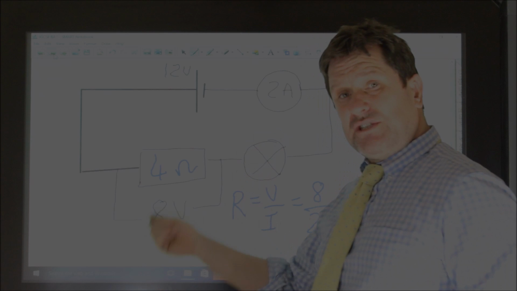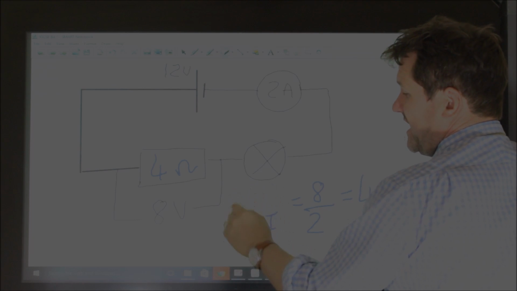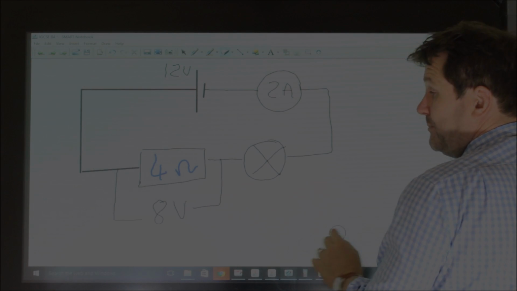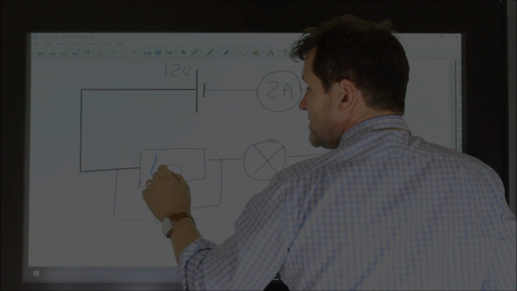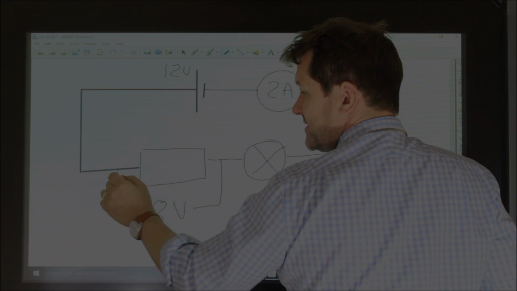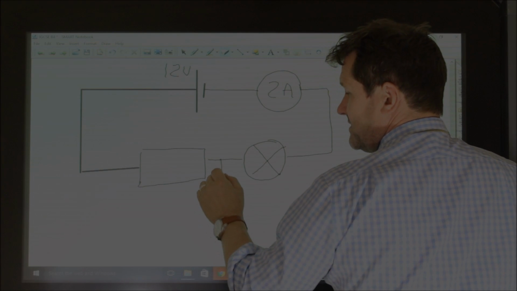Now in a circuit such as this, the circuit could be used in another situation. You could use this circuit to change the brightness of a bulb. So instead of using this fixed resistor, which I've used, you could use a variable resistor.